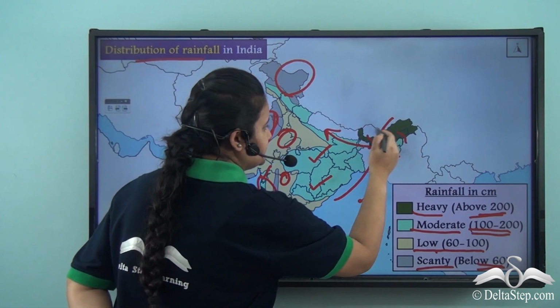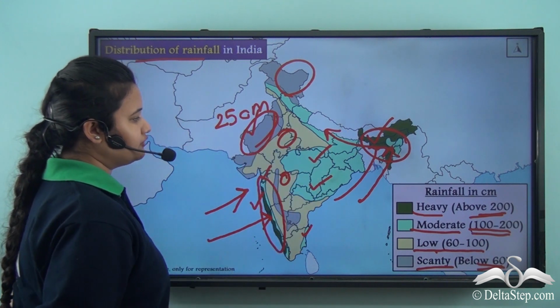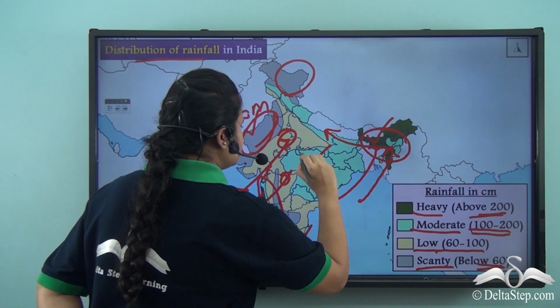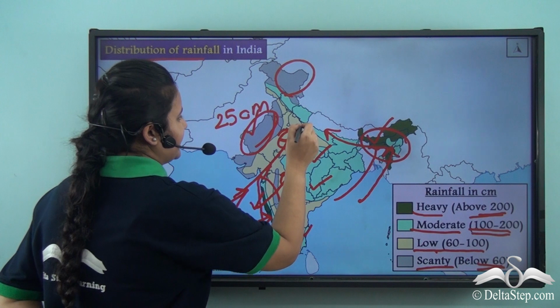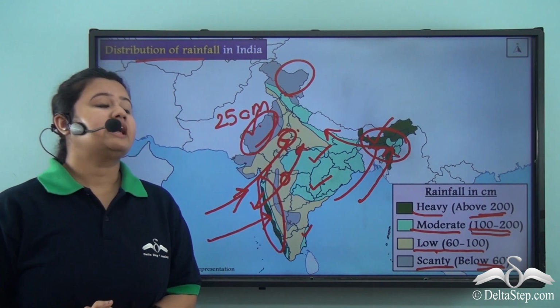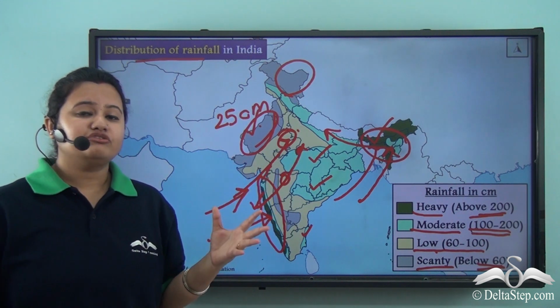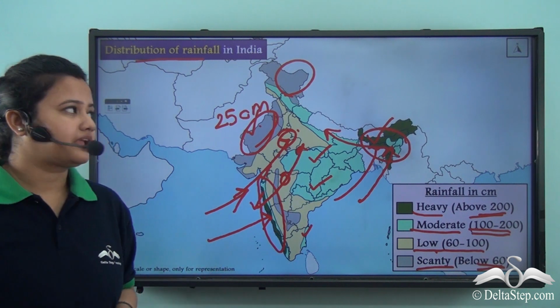So this part of India again receives high amount of rainfall. Now, by the time these winds enter the interior part of the country, their moisture content decreases, which is why these regions receive less amount of rainfall. Thus, overall, we find that the distribution of rainfall in India is uneven and non-uniform.